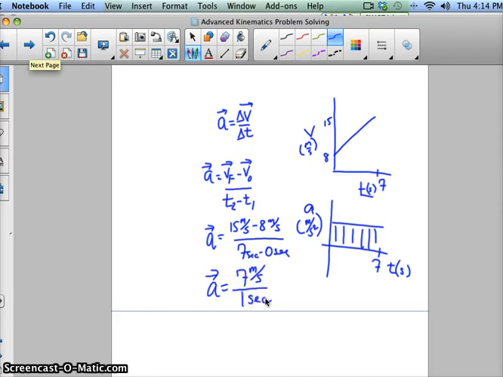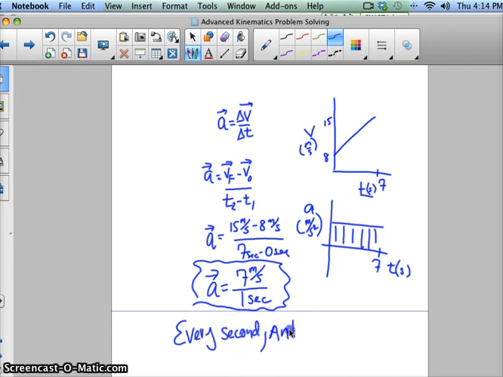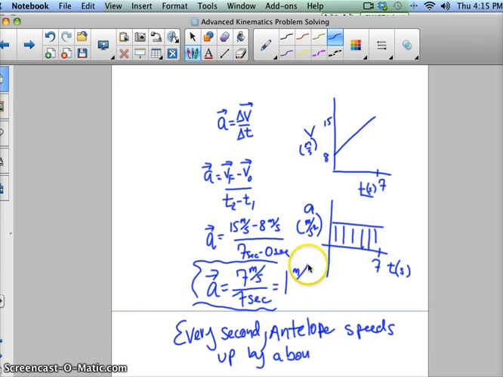And this would be a great time to try to translate what you have into simple words. Every second, the antelope in this problem speeds up by about, this is actually 7 seconds here, which means our acceleration was 1 meter per second faster in 1 second.